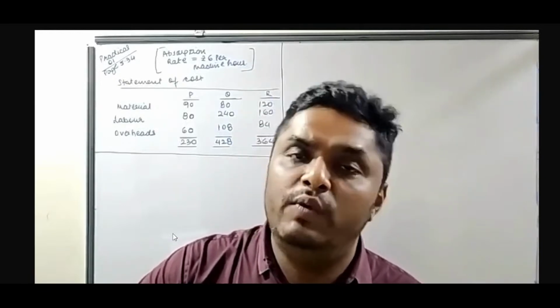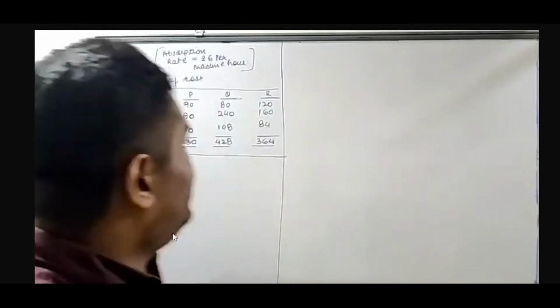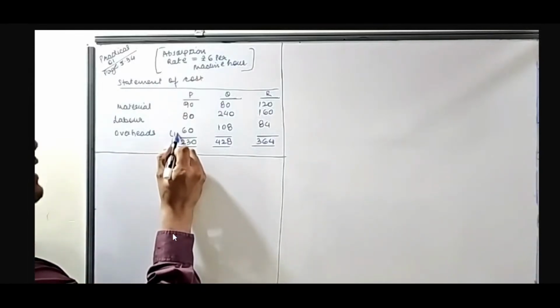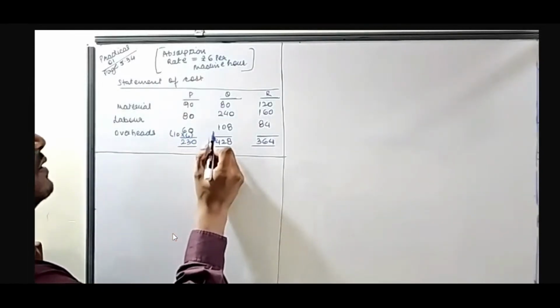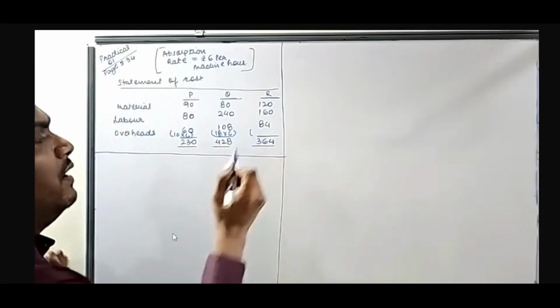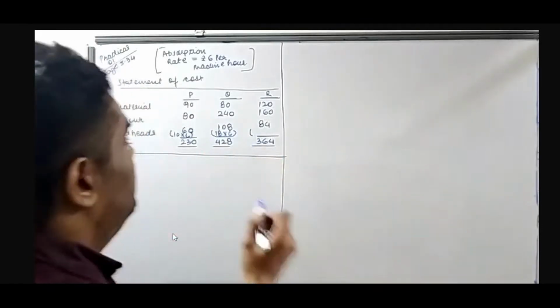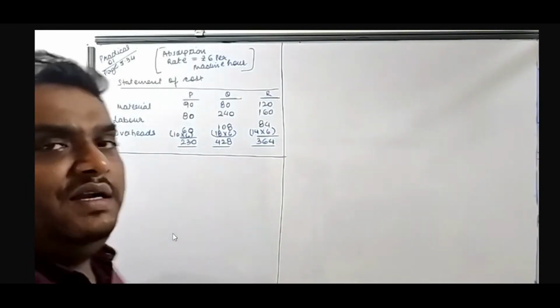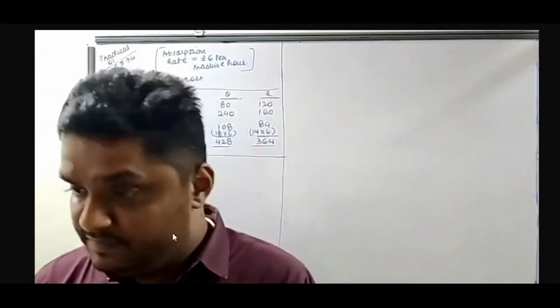And for R, we require 14 machine hours. So 10 into 6, 18 into 6, and 14 into 6. I hope this part is clear to all now.